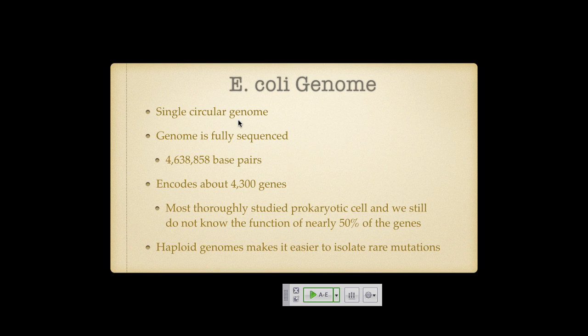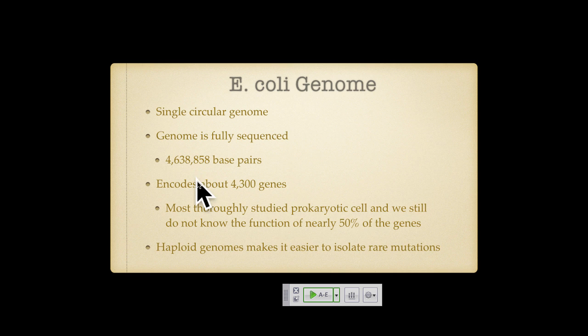So the point I wanted to make here is, we know all of this information about E. coli. It's clearly the most well-studied prokaryotic organism on the planet. It's been studied genetically since the mid-1940s, 1950s. We know exactly how many base pairs of DNA, at least in a prototypical genome.